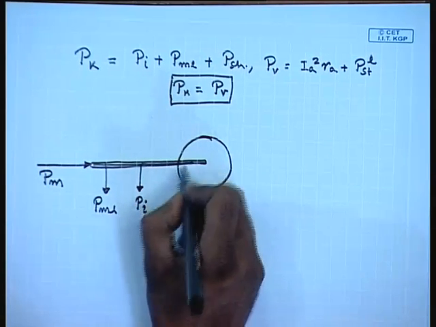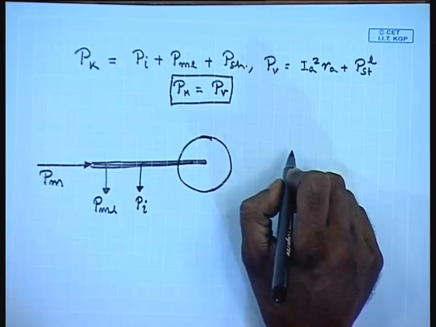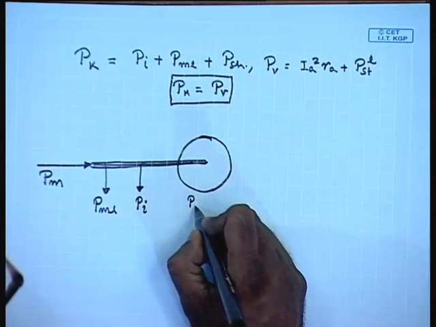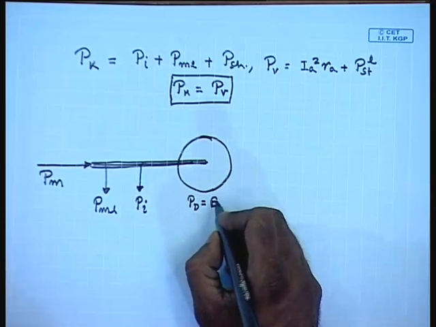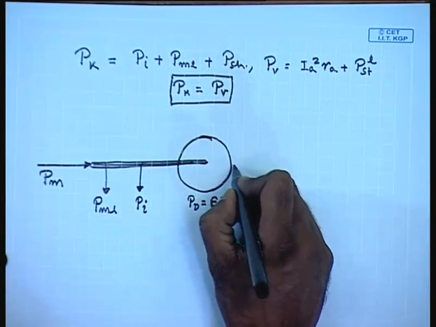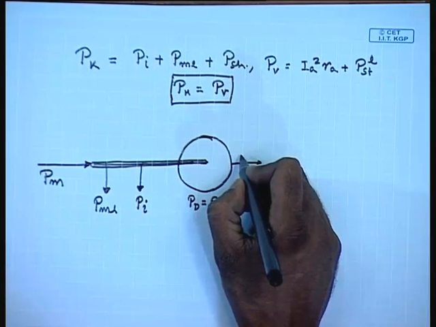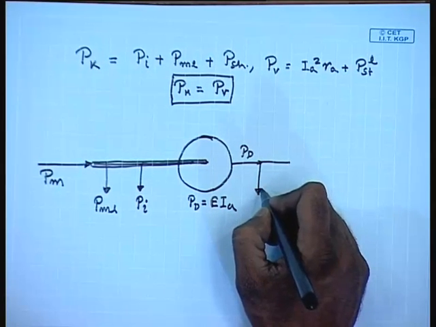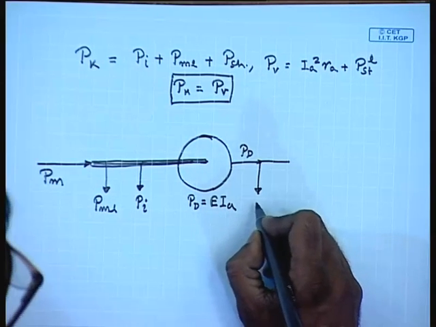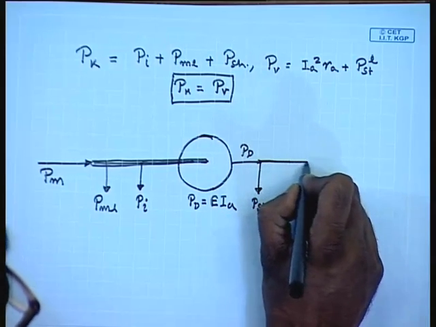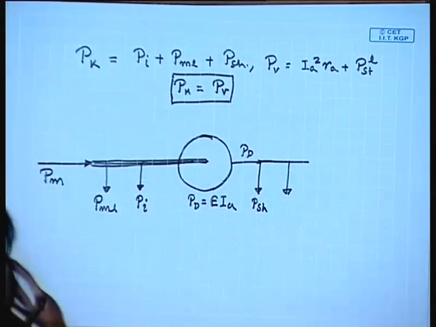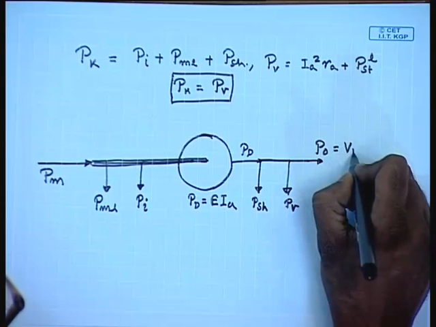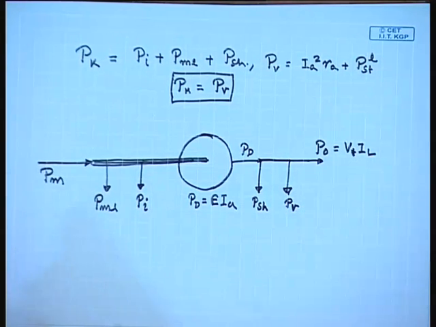This is the net mechanical power input to the machine, and then the developed power Pd equal to E Ia. From Pd you will have P shunt field loss going out, then you will have Pv going out, and finally you will have the Po, which is equal to VT IL. This is generator mode.